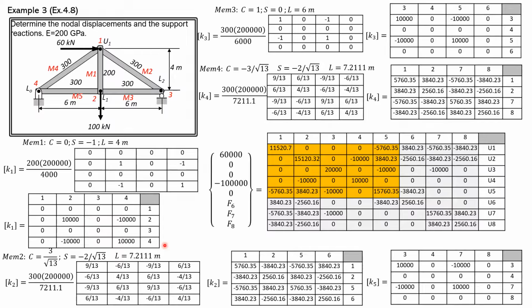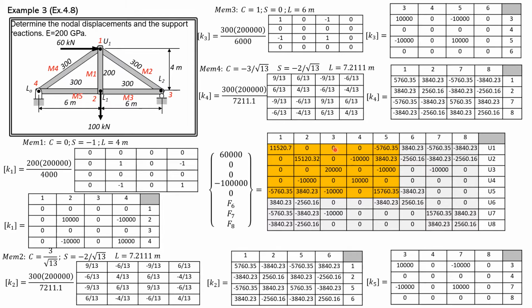Then 2, 1. So 2, 1, we have 0 here. For K2, we have negative 3840.23. Then for K3, there's no 2, 1. K4, 2, 1, plus 3840.23. And K5, none. So negative 3840.23 plus positive 3840.23, that's why it's 0.